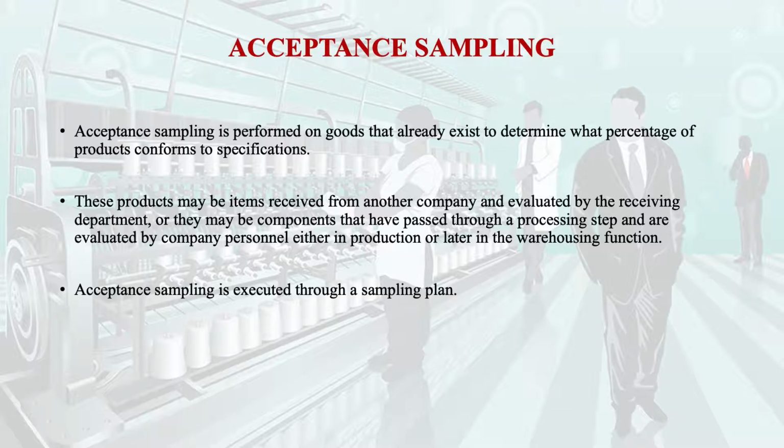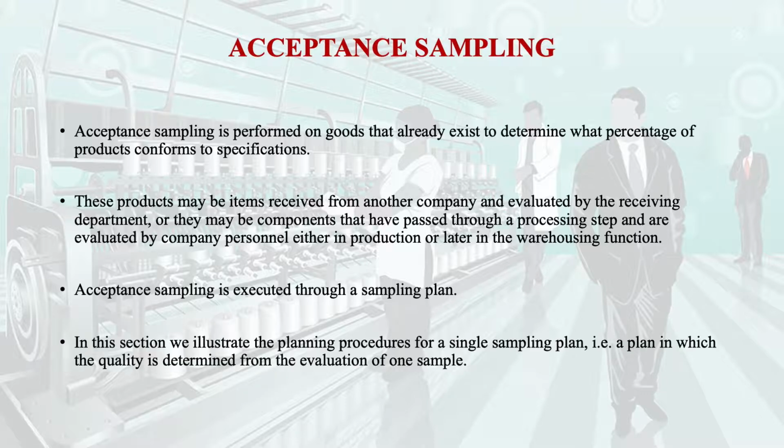In the case of acceptance sampling, we need to execute a sampling plan. In this particular session, we would like to illustrate a planning procedure for a single sampling plan, a plan in which the quality is determined from the evaluation of one sample.